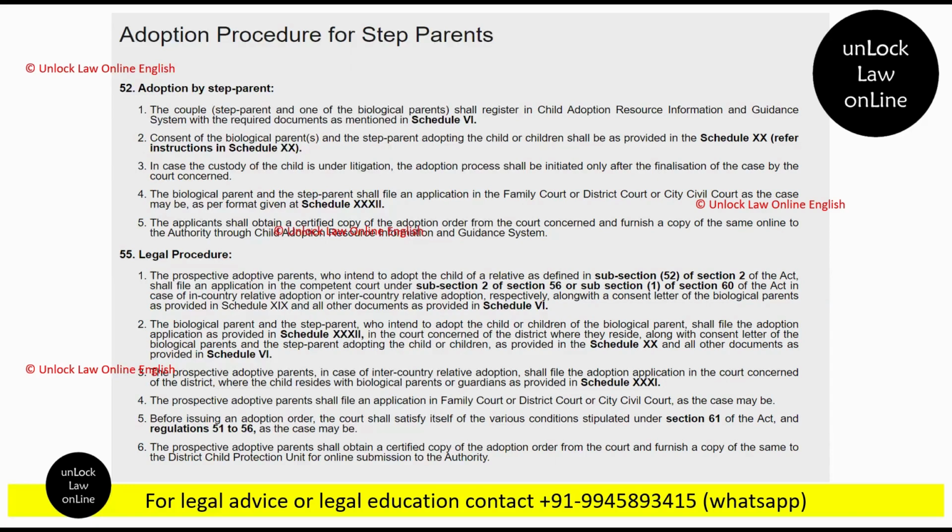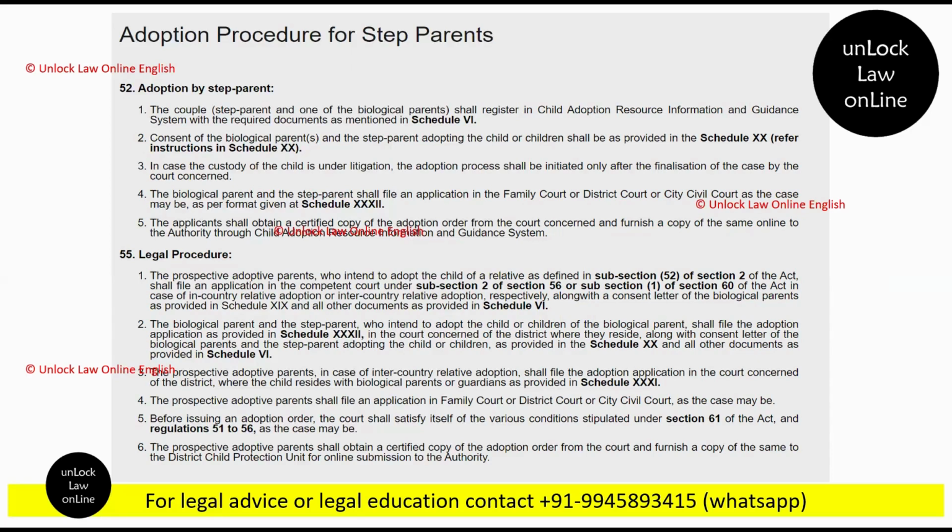Or if you need the format, please do comment below, or connect with me via WhatsApp in the provided number so that I can share the same with you. The applicant shall obtain a certified copy of the adoption order from the court concerned and furnish a copy of the same online to the authority through the CARA system. So this is how you have to follow the procedure.